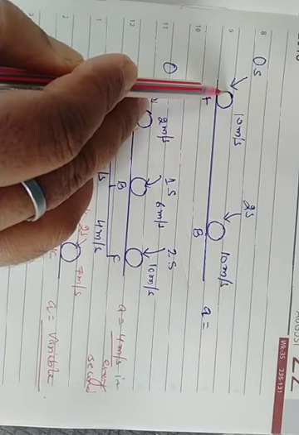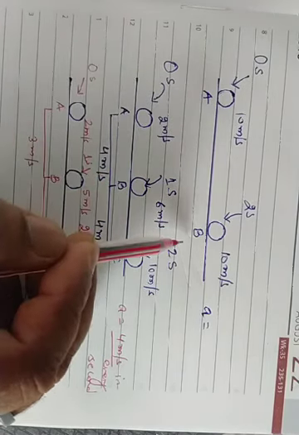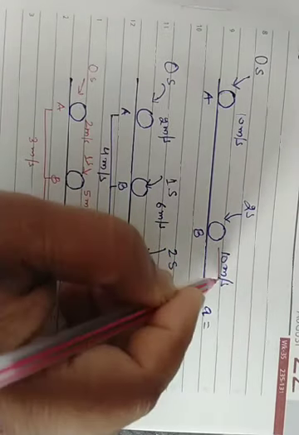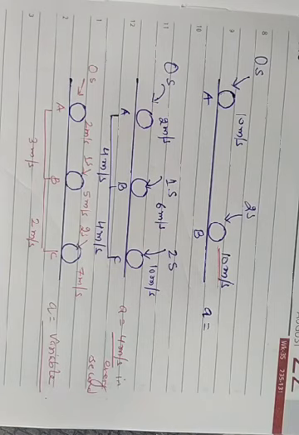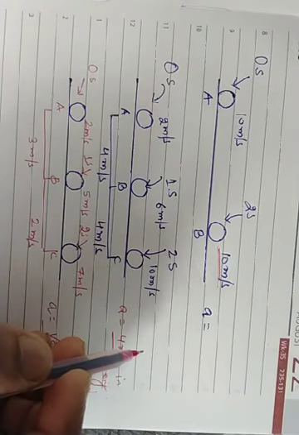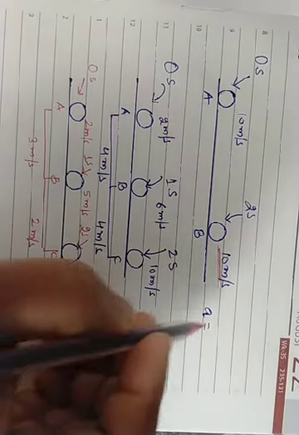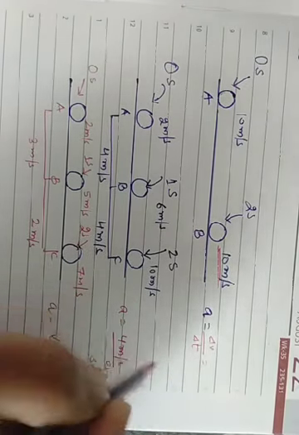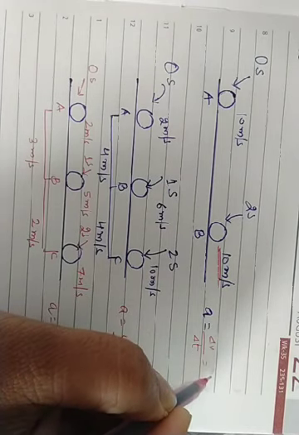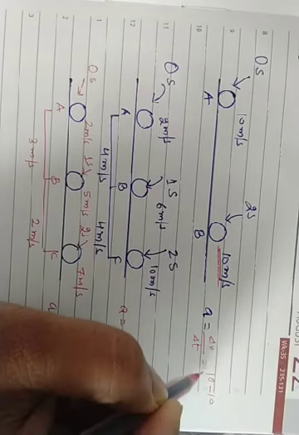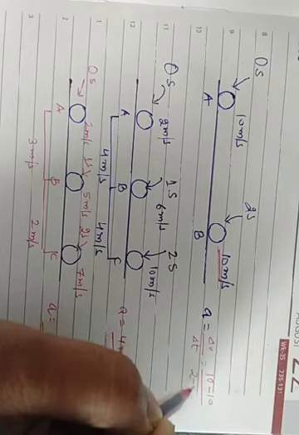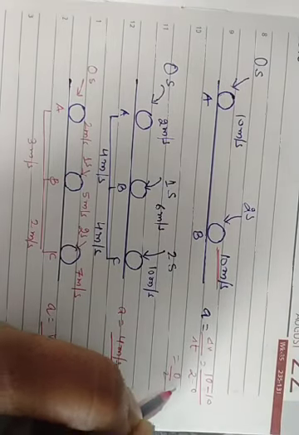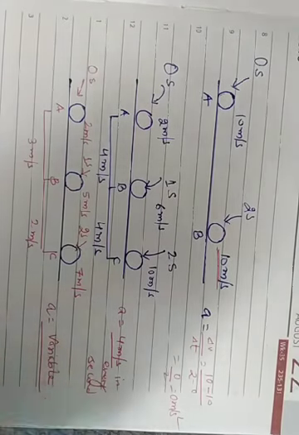After 2 seconds we find that the body has the same speed, right? So what is the formula that we have just gone through? a equals delta v by delta t, that means change in velocity by change in time. So what is the change in velocity? 10 minus 10, by the change in time, that is 2 minus 0. That means 0 by 2. What is the acceleration? 0 meter per second square.